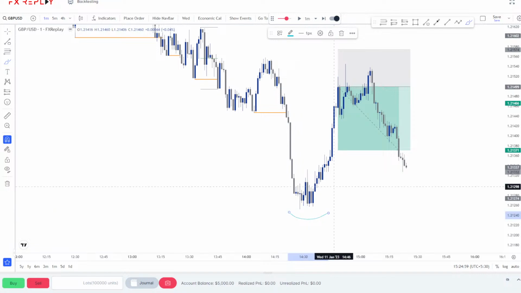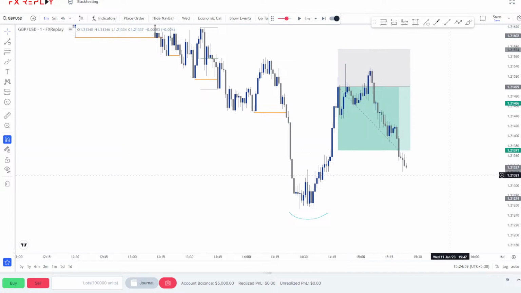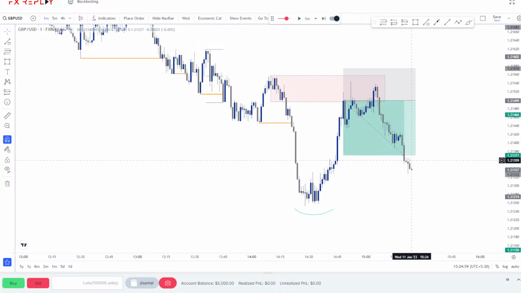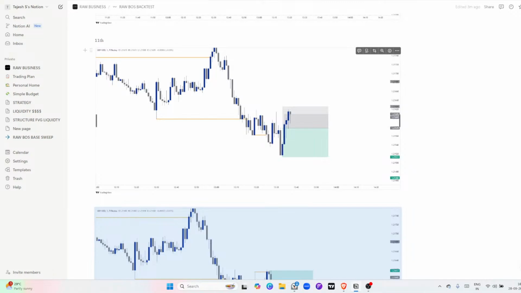Just to be on the safer side, we take a 1:1 RR. So I take this up here when we mark into this structure, right? So here is where I take it, and then we wait for 1:5. We just take it. So this is our Robrico structure.